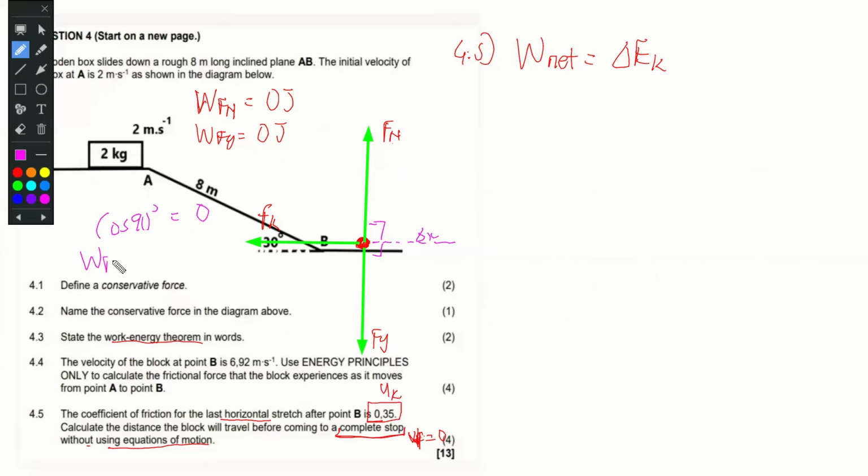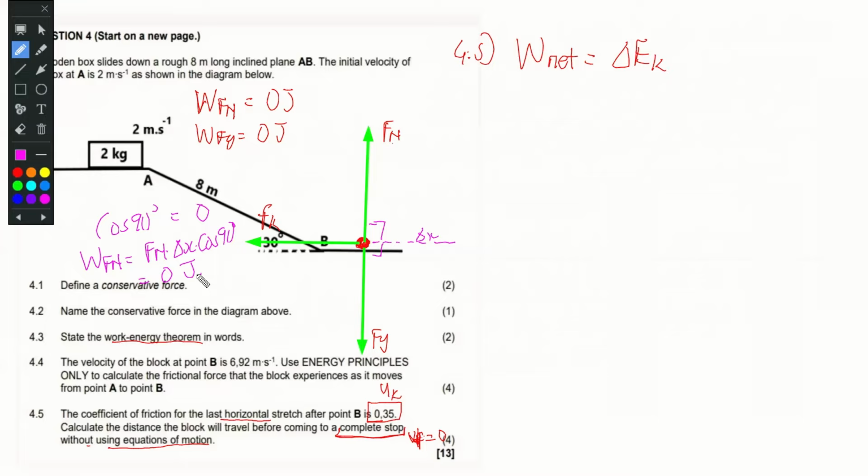If you calculate the work done by Fn, whatever value we find for Fn multiplied by delta x and then cos 90 degrees, all of this will just end up being what? 0 joules. So we say that if the force and the displacement form an angle of 90 degrees, there is no work done. Remember that, no work done.